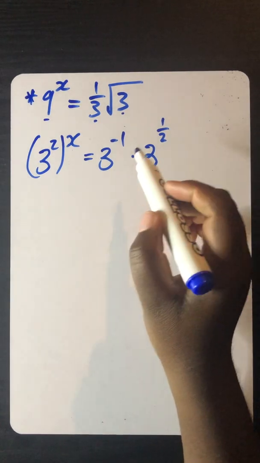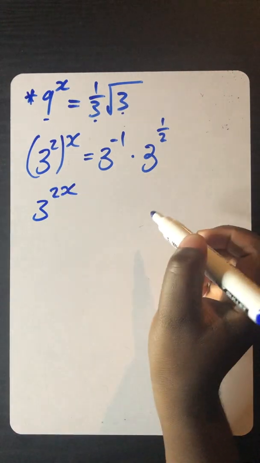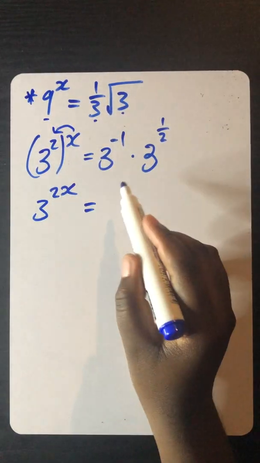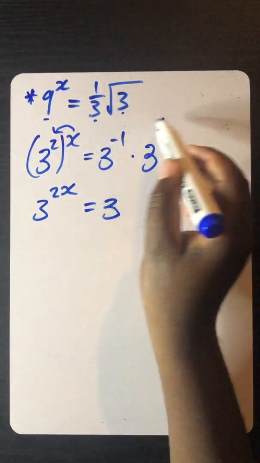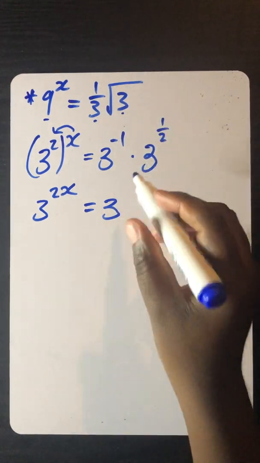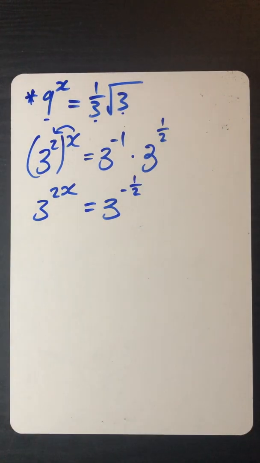Obviously, to remove the brackets over there, you've got that times that, which is 2x. So you therefore have 3 to the exponent, and you can now add the exponents to say -1 plus half. I think on a calculator, ladies and gentlemen, you might find that you're having a -half. Obviously it's more like 1 minus half, but in that case, be careful of the sign.